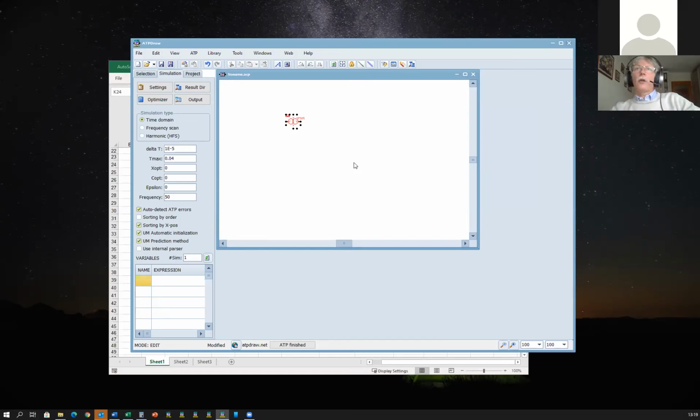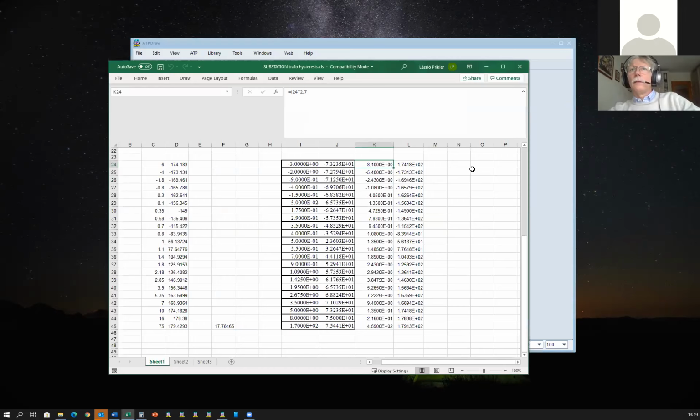You will have the air core inductance. And you can enter this air core inductance here, because the last slope, the last section, last current and flux points define the air core inductance.